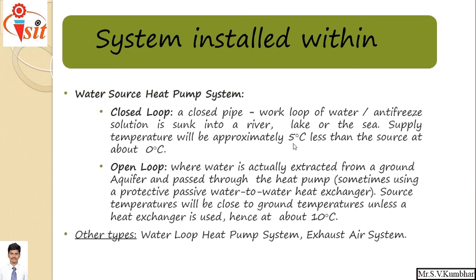Here, supply temperature will be approximately 5% less than the source, at about 0 degrees centigrade. Whereas in an open loop system, water is actually extracted from a water aquifer and passed through the heat pump, sometimes using a protective passive water to water heat exchanger. Source temperature will be close to ground temperature unless a heat exchanger is used, hence at about 10 degrees centigrade. Other types: water loop heat pump system, exhaust air system.